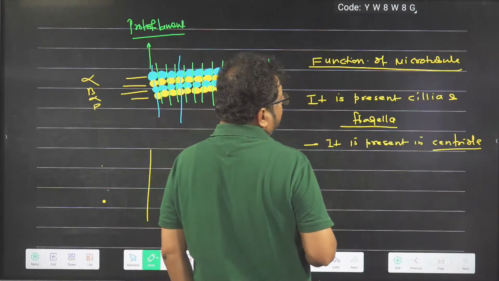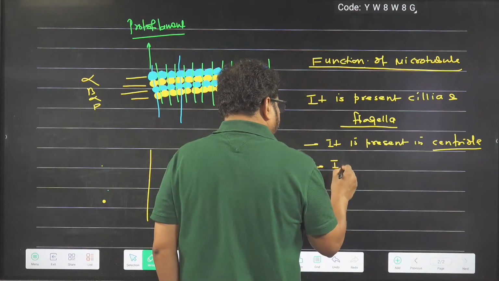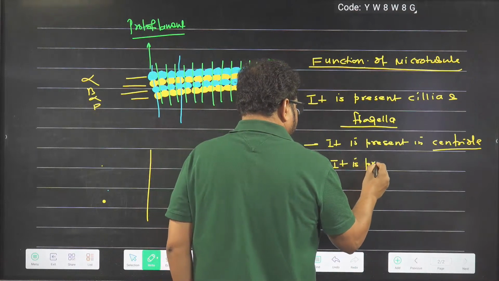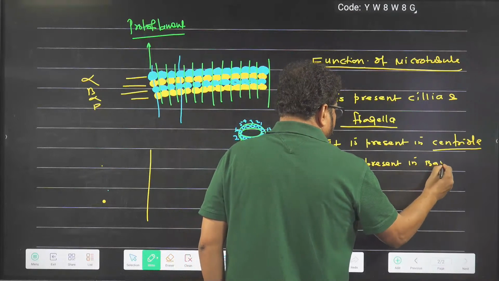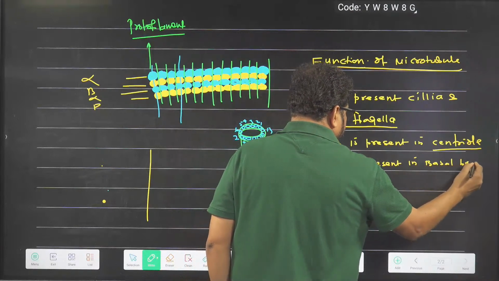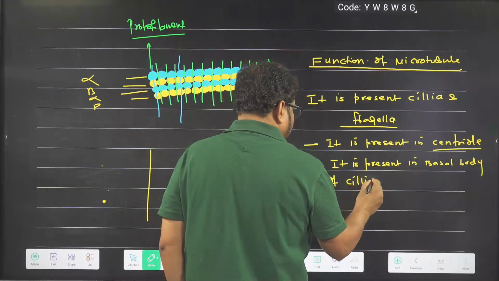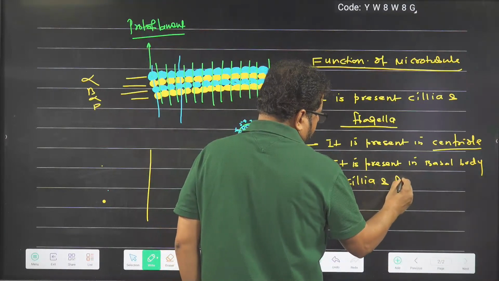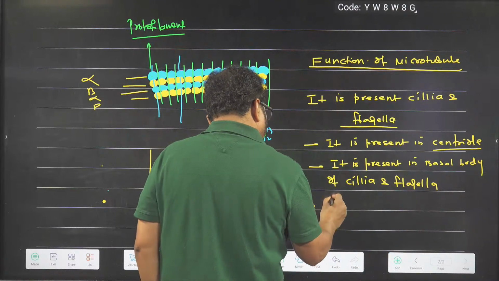So microtubules is present in centriole. It is present in basal body of cilia and flagella. A spindle fiber is made up of microtubule.